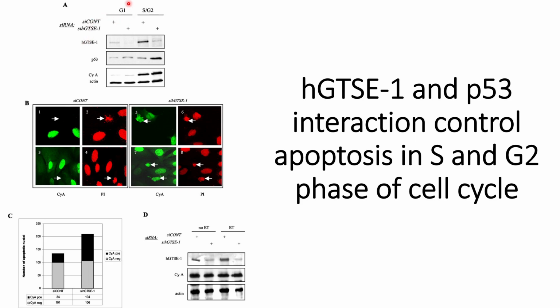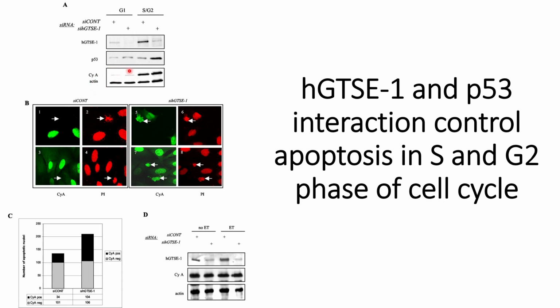In the G1 phase, they observed almost no effect in p53 production. Even though hGTSE is knocked down, they should see a tremendous increase in p53. However, only a slight increase in p53 is observed.